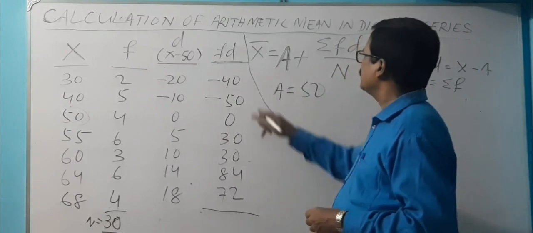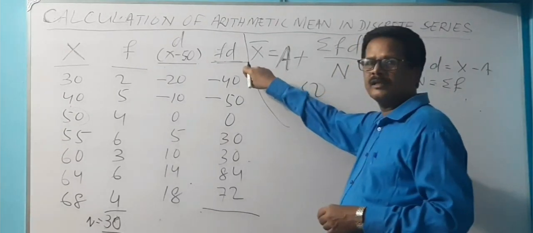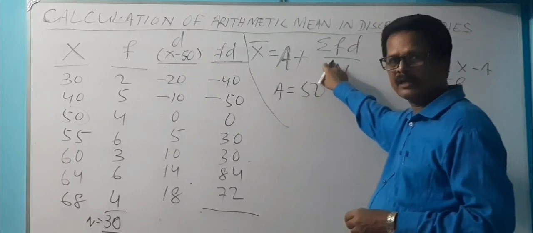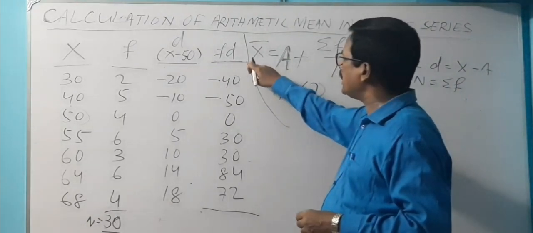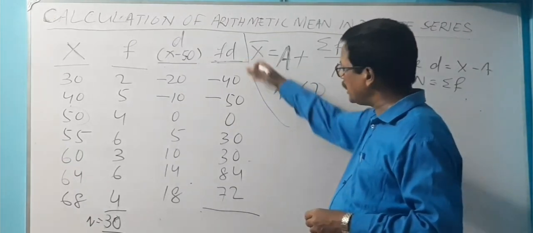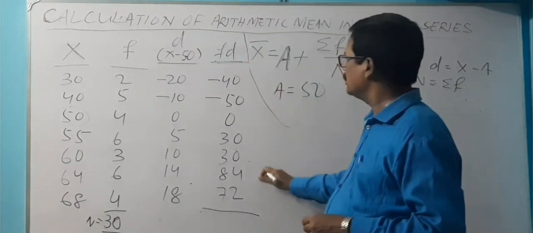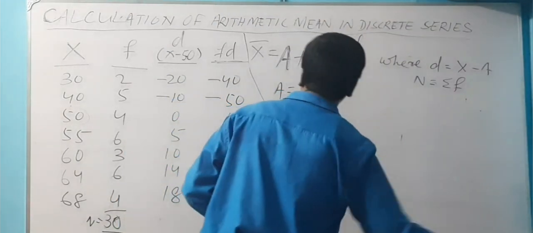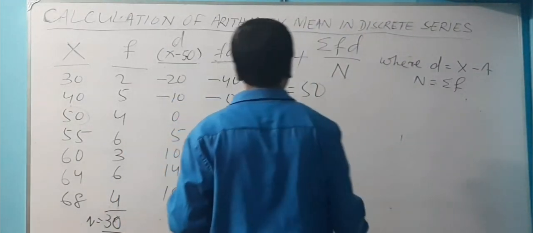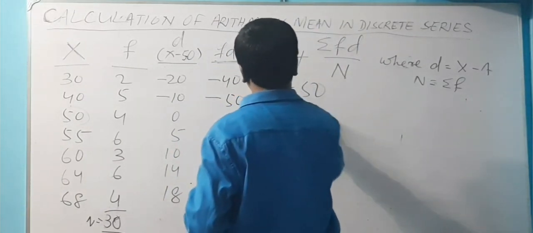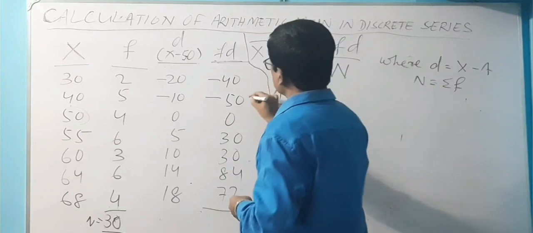Then we have to calculate summation FD, as in a plus summation FD by n. We find summation FD by adding all the values of FD. The negative values give minus 90.